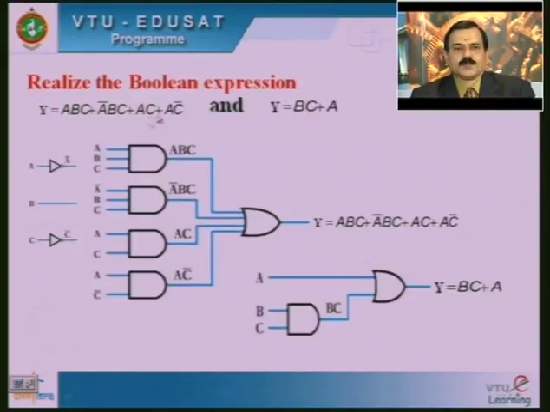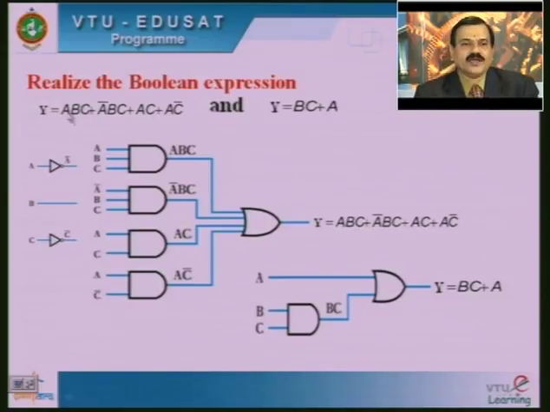Another expression: here the variables are A, B, C, but the complement values of those variables are also there in the equation. Usually these are all product terms, and such product values are added here.